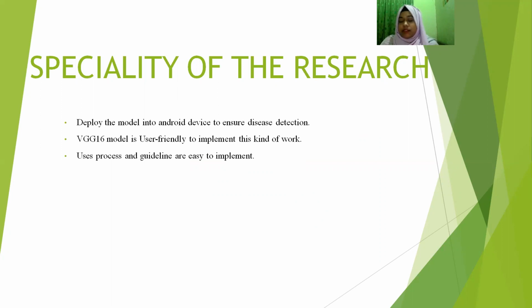To detect this disease in real time, the model needs to be deployed first into Android Studio, and the Android Studio library can then be implemented into an Android phone for disease detection. The VGG16 model is user-friendly for this kind of work, as VGG16 has lots of weights and features to detect and learn.